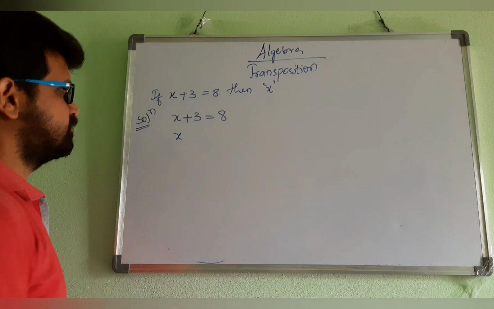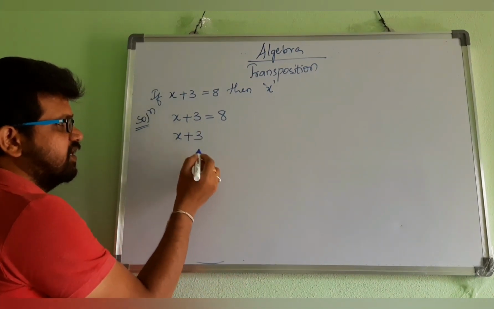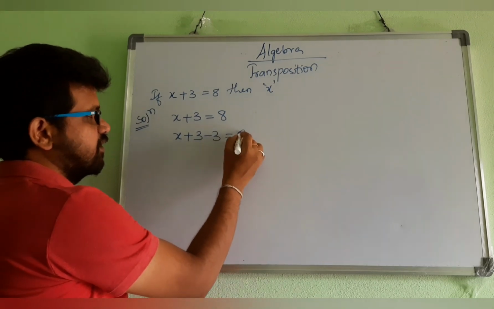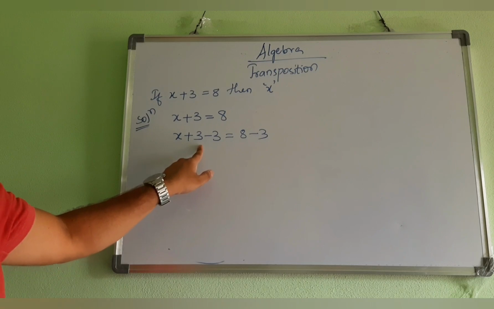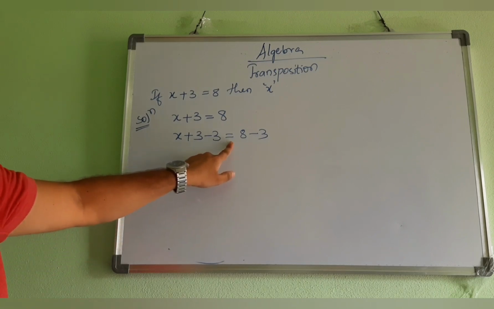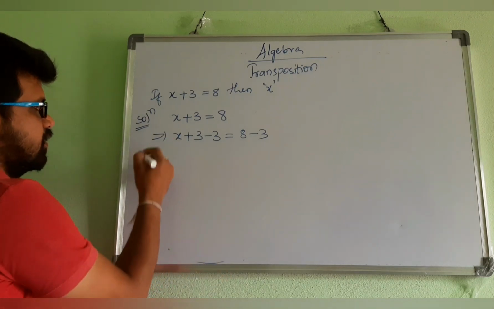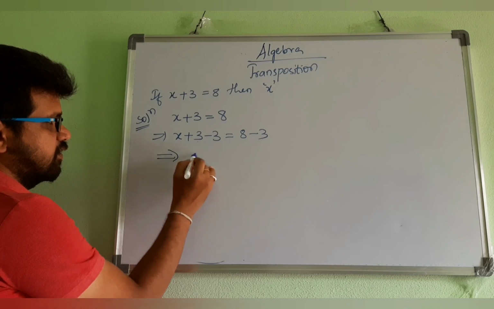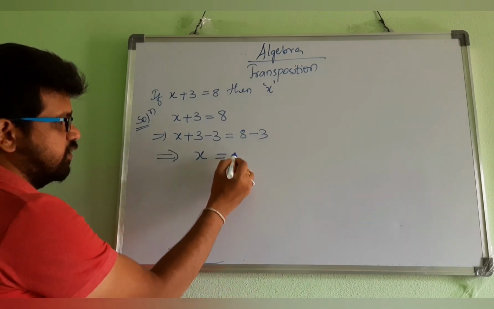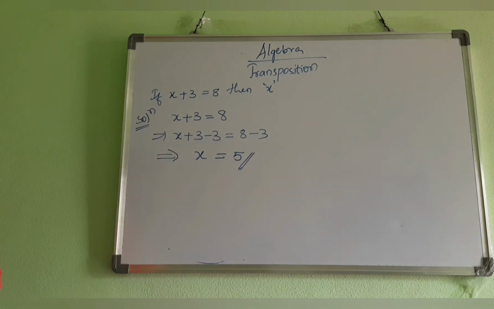So subtract 3 from both the sides. x plus 3 minus 3 is equal to 8 minus 3. Plus 3 minus 3 is 0. So we get x is equal to 8 minus 3, which is 5. The value of x is 5.